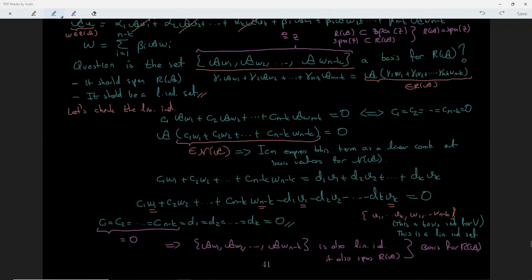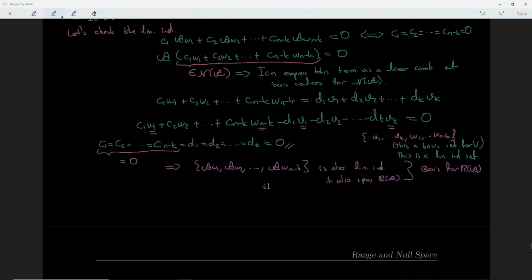And how many vectors are there? n minus k, right? So the dimension of the range space of A is equal to n minus k, as there are only n minus k vectors here. And what was the dimension of the null space of A?